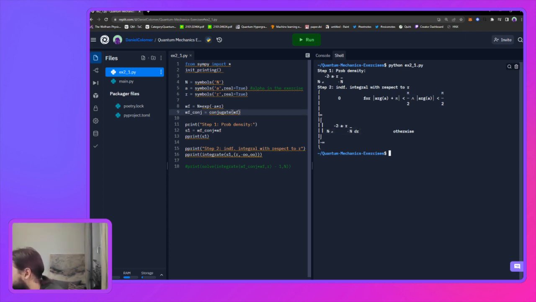So if arg a plus pi is more than pi and a half, and the absolute value of arg a is more than pi and a half, then we get 0. Now what we're looking for is these minus 1, I guess. The n conjugate.